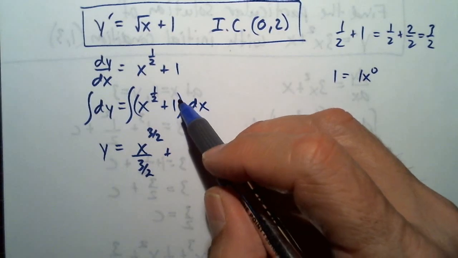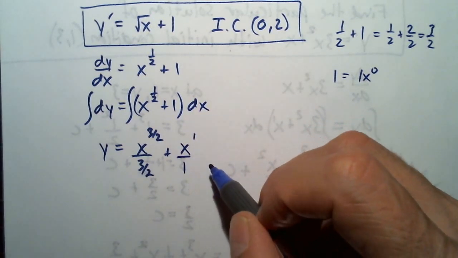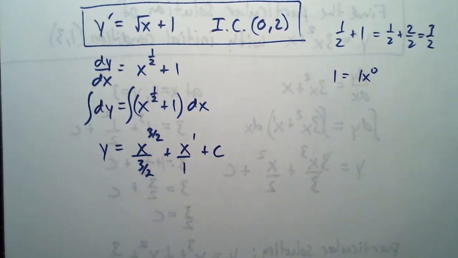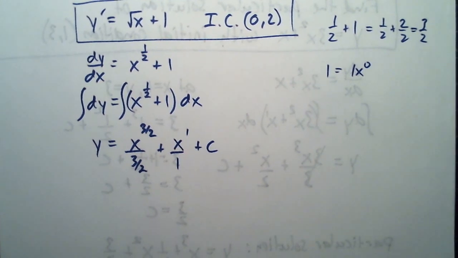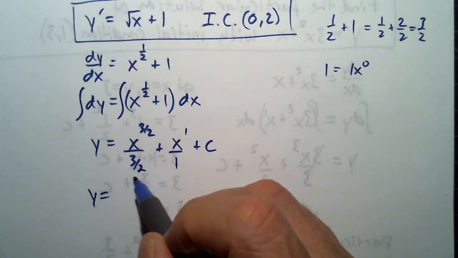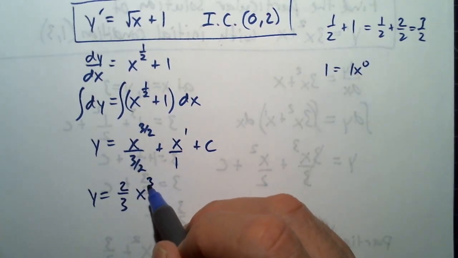So this has x to the 0. We're going to go 0 plus 1, so that's x to the 1 over 1 plus c. Dividing by 3/2, we could just multiply by 2/3.